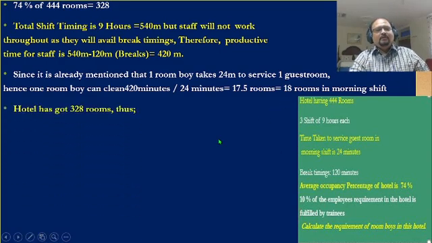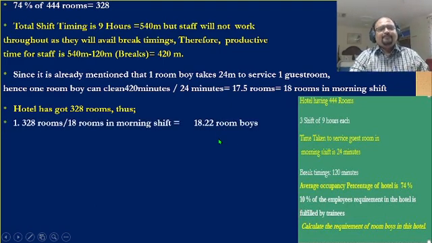Now hotel has got 380 rooms because 74% of the 440 rooms, so we need to calculate only for 74%. And as you know, since it is 18 rooms by one room boy, in morning shift we require 18.22 room boys.